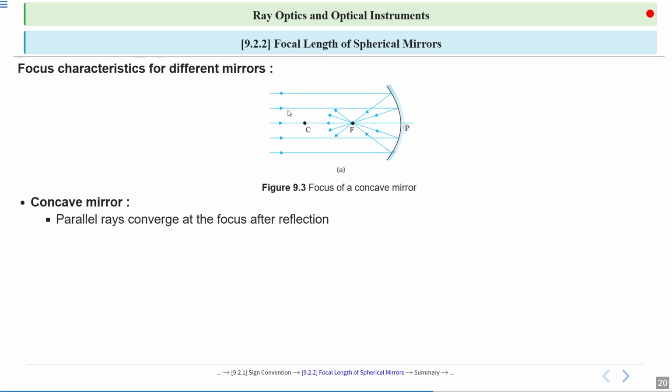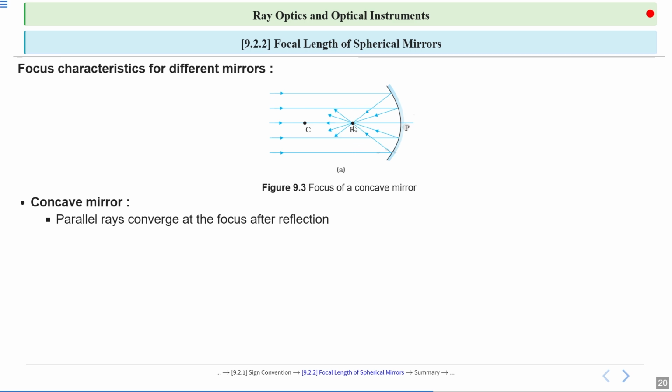Okay, or if these parallel rays are coming from a distant object, but they are not parallel to the principal axis, they are at some angle to the principal axis, then the image will be formed at the focal plane but not at the focus. The focal plane is the plane passing through the focus and perpendicular to the principal axis.